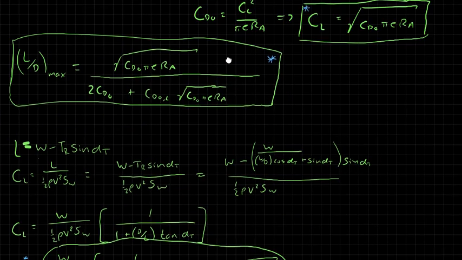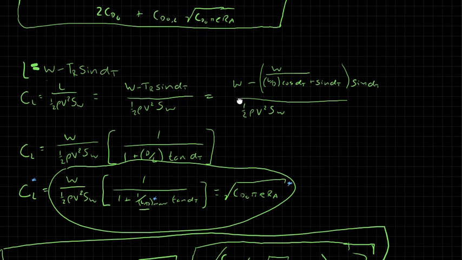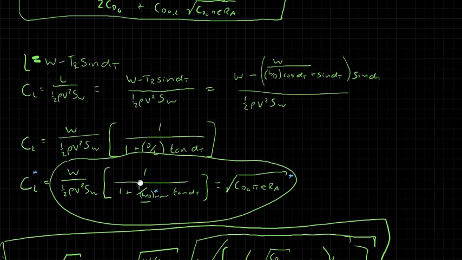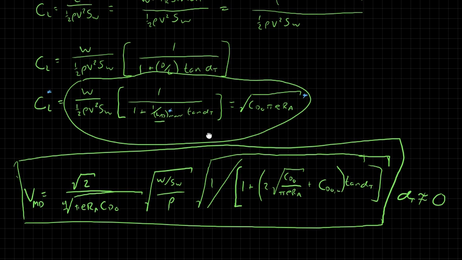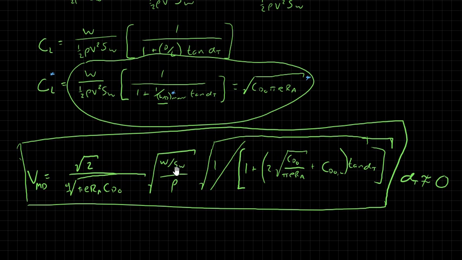From there, we use the definition of the lift coefficient and the thrust required to find an expression for the lift coefficient as a function of velocity and L over D. And we noted that L over D max occurs at a specific lift coefficient. And so from there, we could solve for the velocity at which L over D max occurs. And finally, we came up with our minimum drag airspeed. So here we are. And again, this is for thrust angle not close to 0.